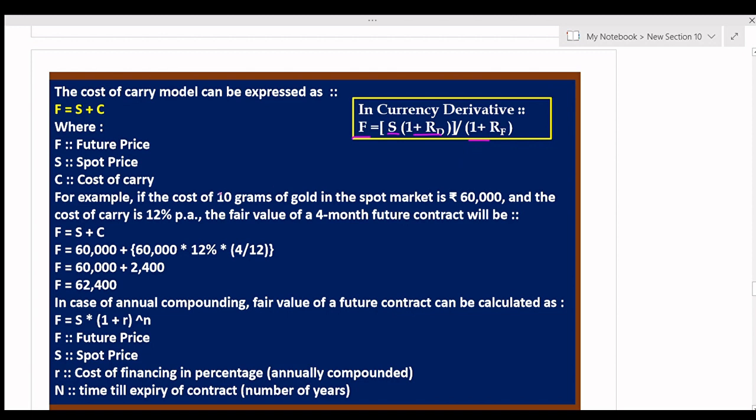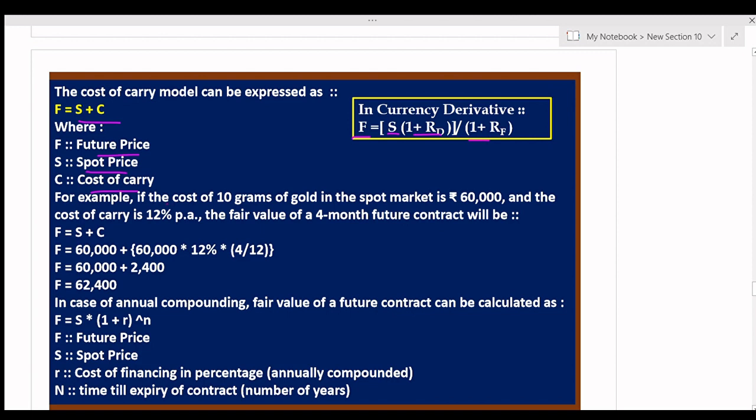But here in securities, that is equity, bond and commodity in general, the cost of carry model is F equal to S plus C, where F is the future price, S is the spot price, and C is the cost of carry.